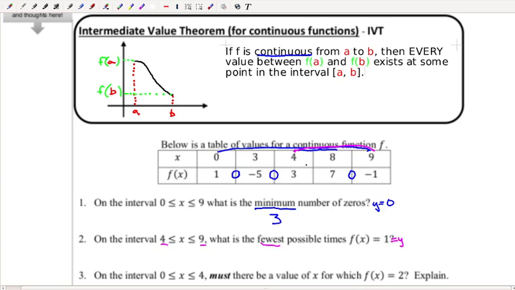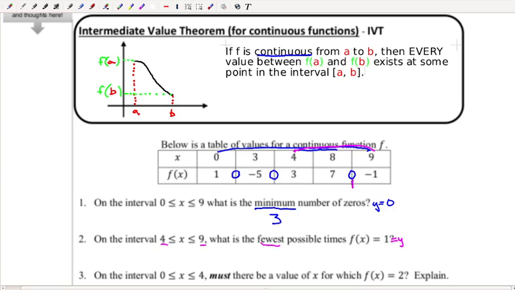So again, let's take a look at each of my intervals. As x goes from 4 to 8, y goes from 3 to 7, and 1 is not between 3 and 7, so I'm not guaranteed at least one value of y equals 1 on this interval. Then I go from 8 to 9, my y values go from 7 to negative 1, so in this case 1 is between 7 and negative 1.